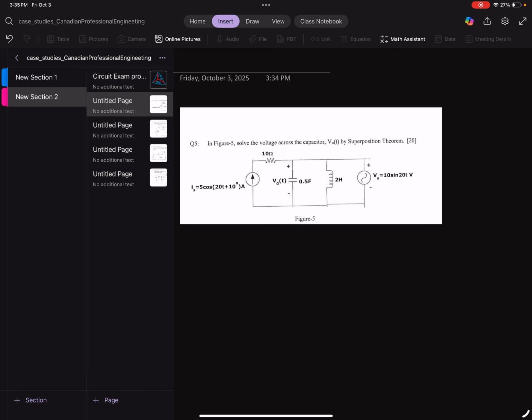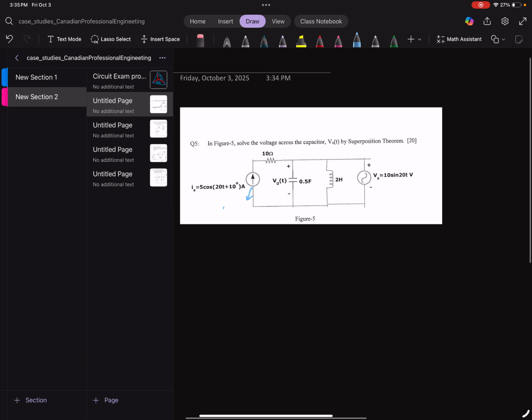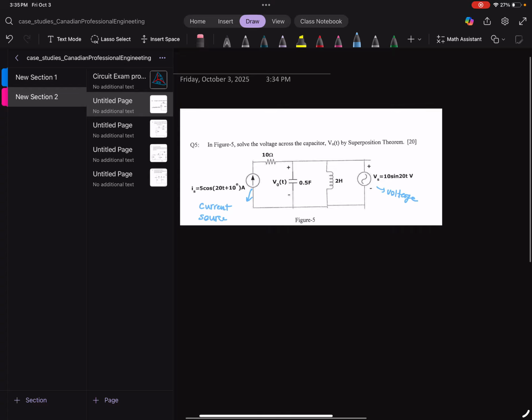What does superposition theorem mean? Superposition says if you have multiple sources, like we have here, a current source and a voltage source as well, then instead of solving this complicated problem with all the sources together, you can just consider one source at a time and solve it.